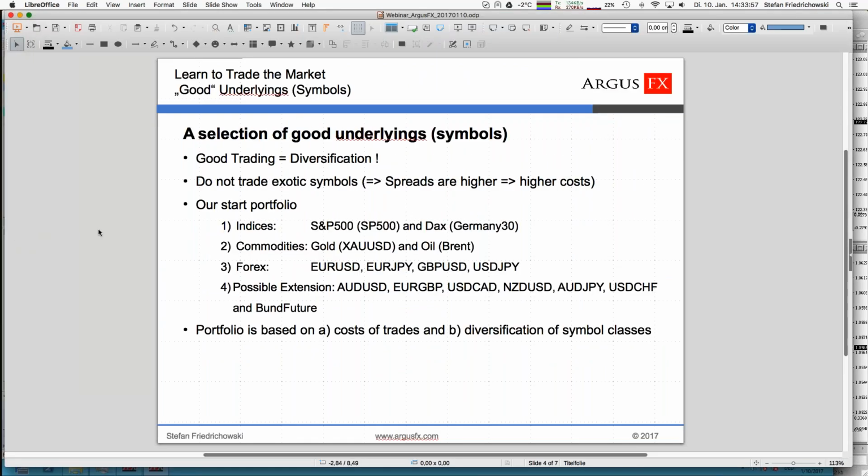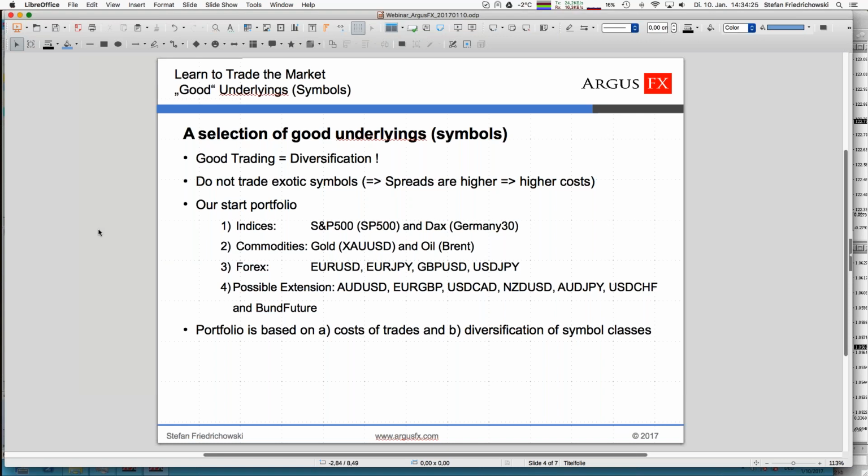But before we come once again to the trading itself, I want to create together with you what I call a portfolio for our trading activities. So you have already realized, hey, there are different underlyings we can trade. We can trade the DAX, we can trade Euro, US dollar, we can trade gold, we can trade Euro against Swedish krones, so whatever.